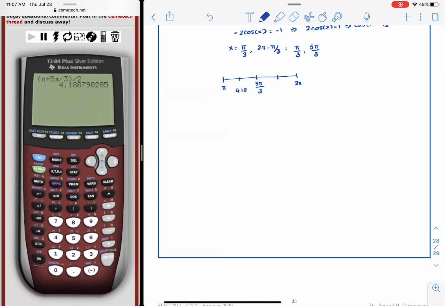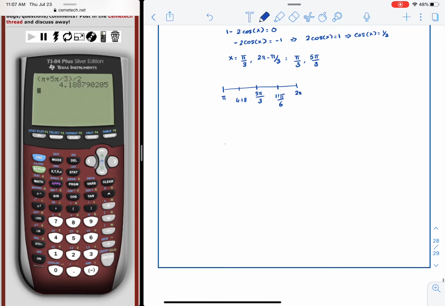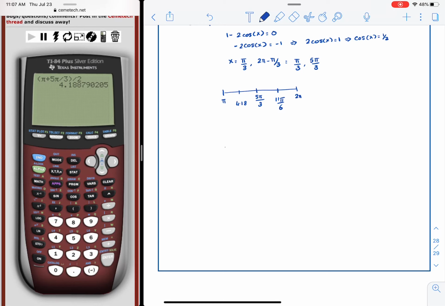Between 5 pi over 3 and 2 pi, we will have 11 pi over 6. So we could plug it in the derivative. That was 8 pi, oh, this is 8 pi over 6. So 8 pi over 6. Okay.